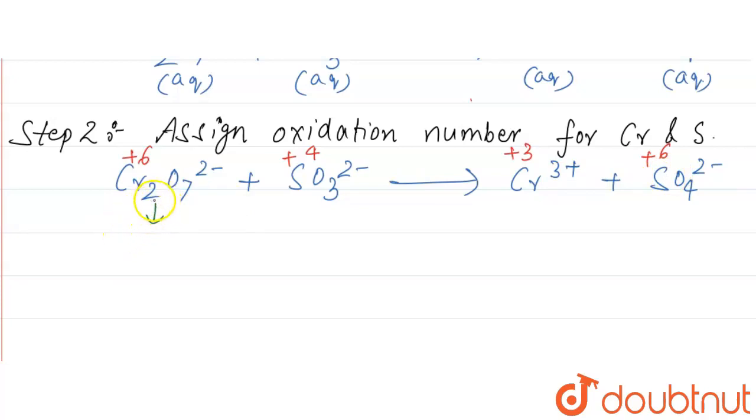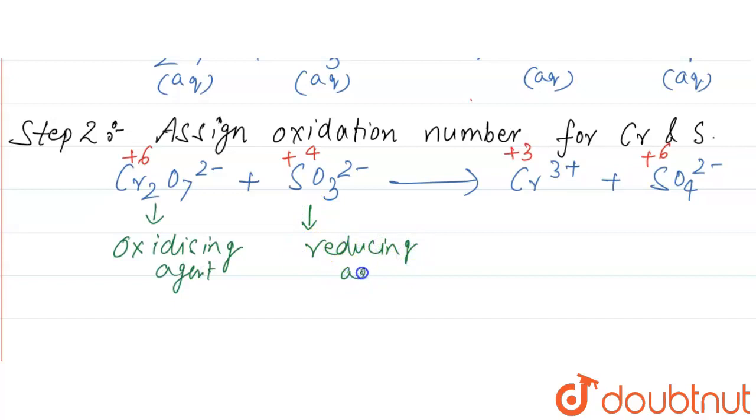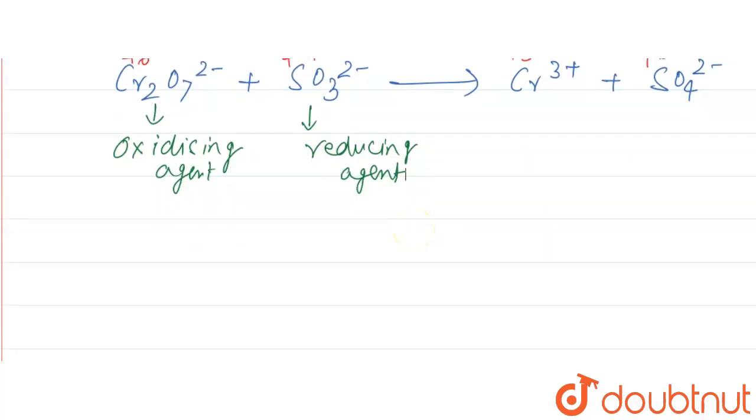Cr2O7 2- has its oxidation number reduced, so it is the oxidizing agent, and SO3 2- is the reducing agent.